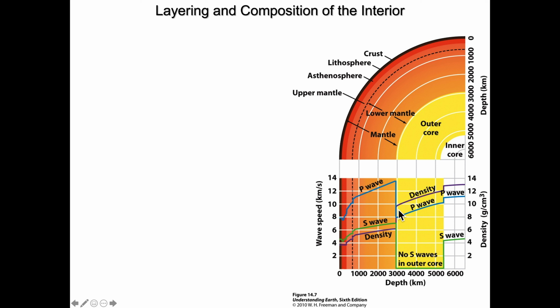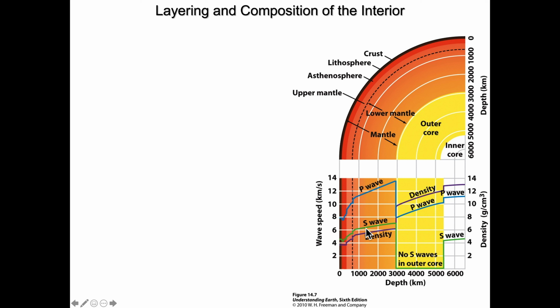Then speed is going to increase more gradually until we reach the inner core. And now we're going back into a solid, but a solid with a very high density. So there's going to be another jump in speed. So the density is going to dictate pretty much entirely the P wave behavior here.